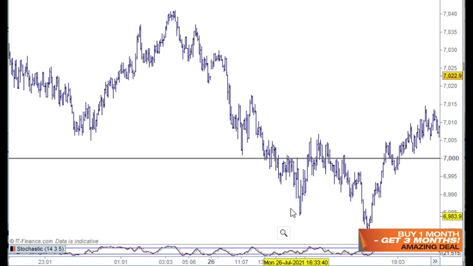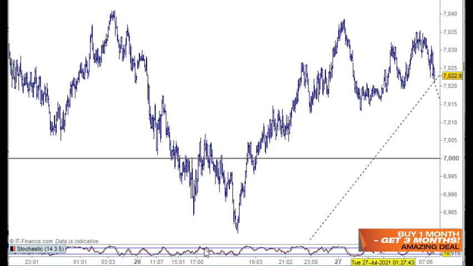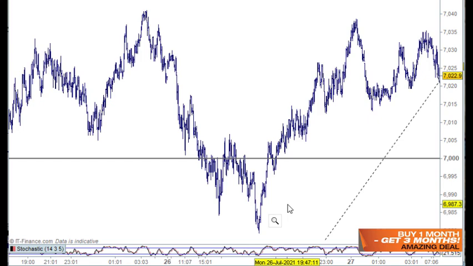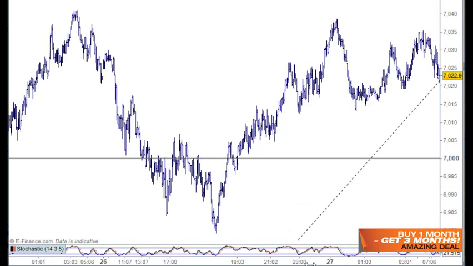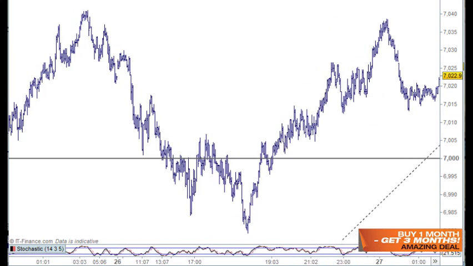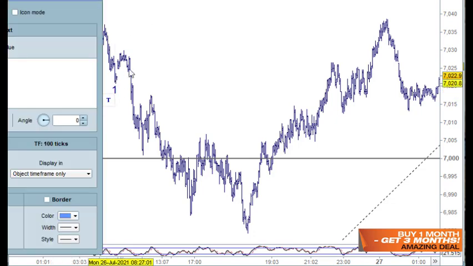It looks like 5 waves, doesn't it? Because if I just count this for a second, let's just use these, shall we? So 1, 2, 3, 4, and 5.